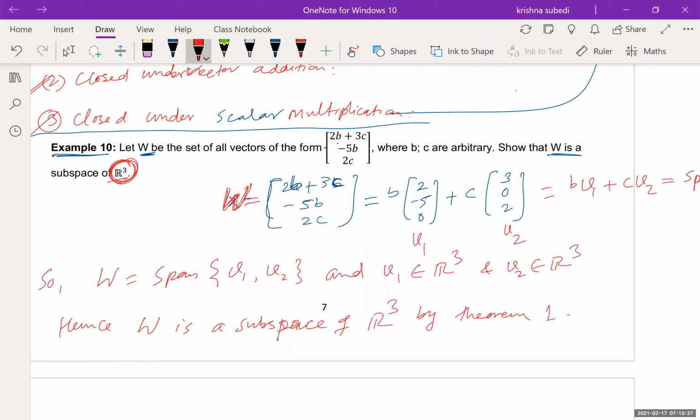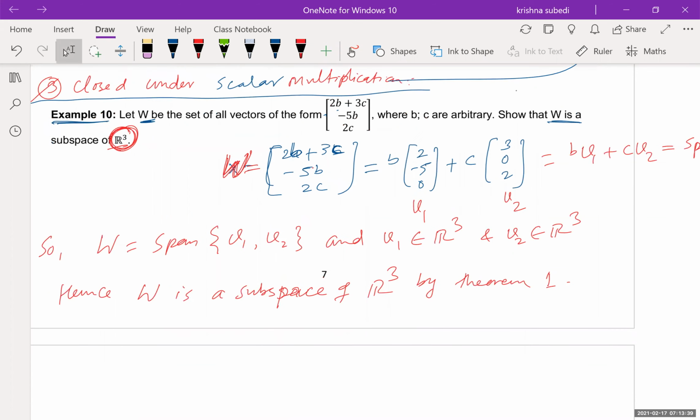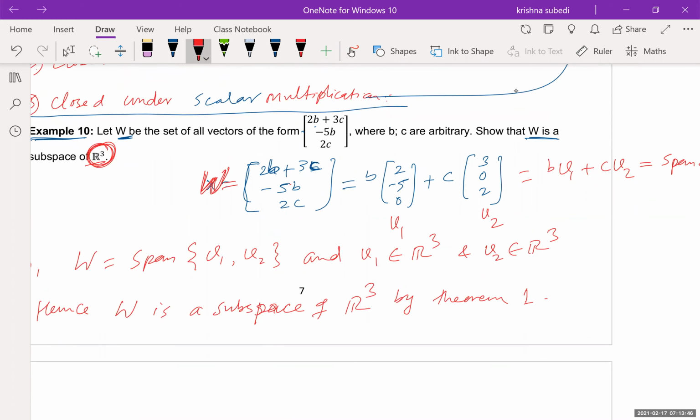It's that easy. You just prove that it is a span of some vectors, and notice that these vectors belong to R3, therefore W is also a subspace of R3.